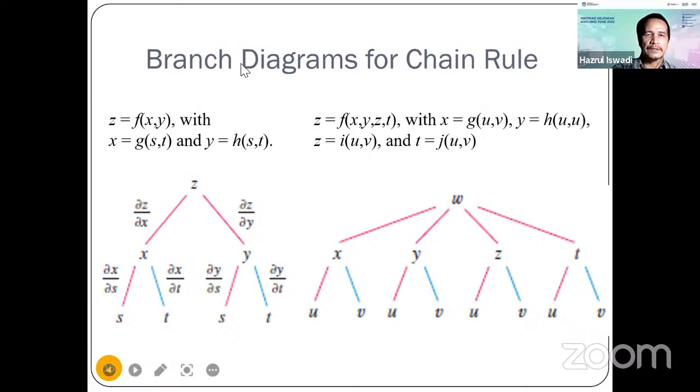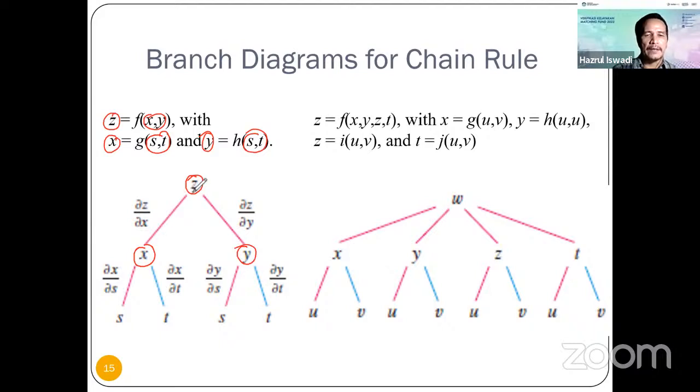This is the situation where z is a function of two variables x and y, where x and y are functions of two other variables s and t. We make the diagram with z at the top, and since z is a function of two variables, we put the variables x and y here.